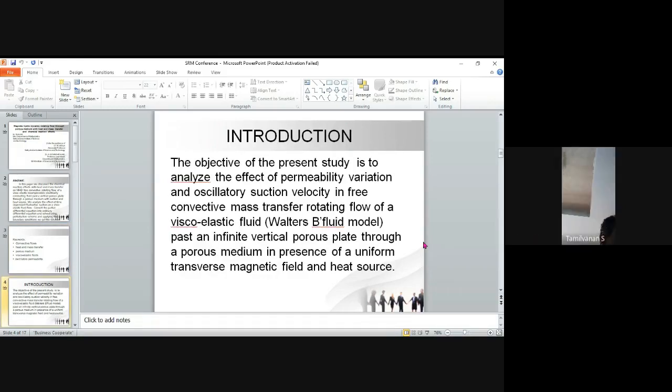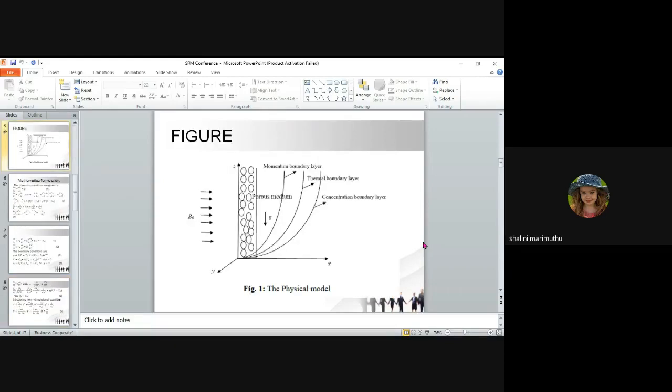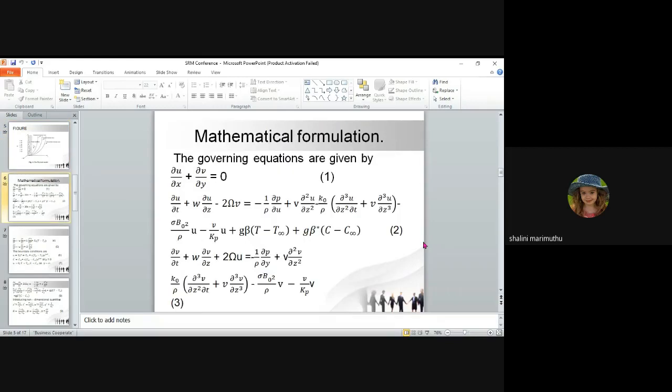Introduction. The objective of the present study is to analyze the effect of permeable variations in oscillation, suction, and velocity in free convection, mass transfer, and rotating flow.